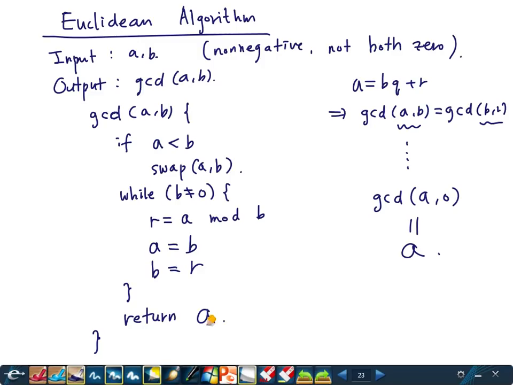All right, let's see if we can really use this. Okay, I showed you this example. Let's try that example. Where was it? GCD of 2021 and 2303. Let's see what that algorithm does to this. So this was A, this was B, right? A is 2021, B is 2303.